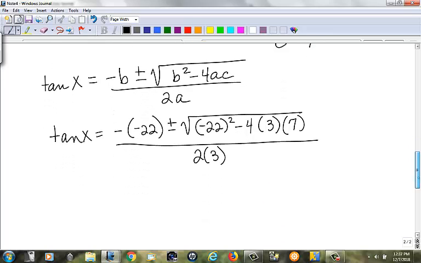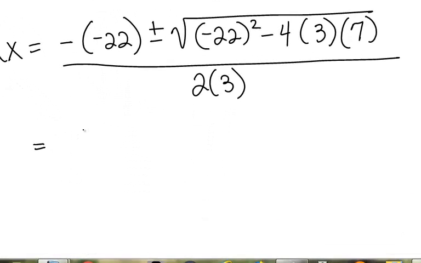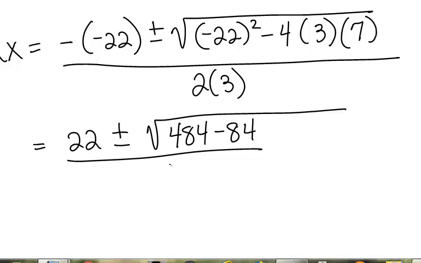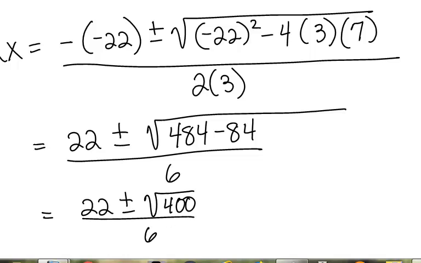Are we good? Okay, then this would be 22 plus or minus the square root of, take negative 22 squared, I get 484. And this would be 12 times 7, which is minus 84. Double check my arithmetic. And I get 22 plus or minus the square root of 400 over 6.